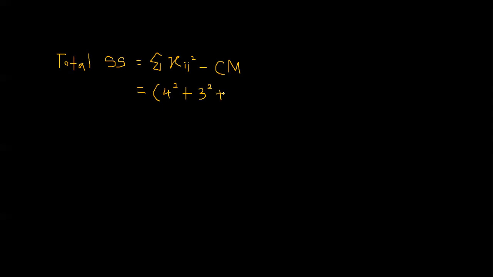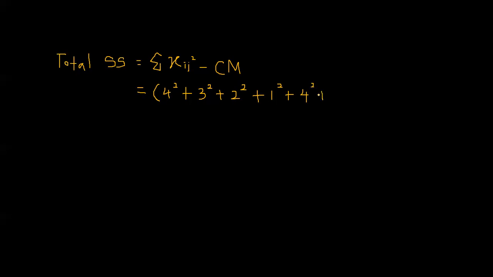Next is subject C for score trial 1 is 2. So 2 square and then plus again. For subject D, score trial 1 is 1 square and then plus with subject E for score trial 1, that is 4 square.